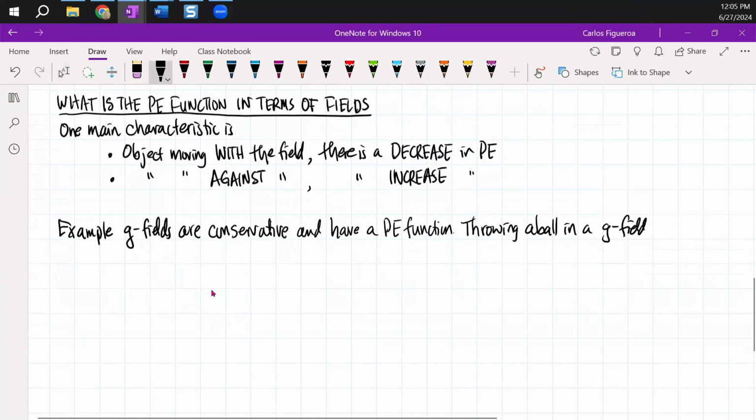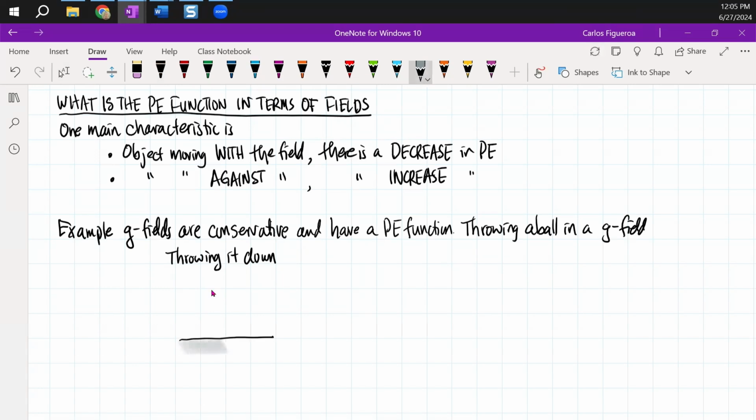So if I'm, let's say, throwing it down, then if I define this as the ground here, and I have a gravitational field like this, it's always going to have a force of gravity pulling it down.